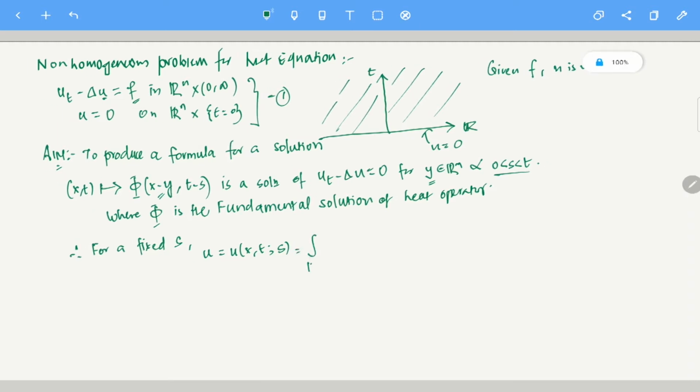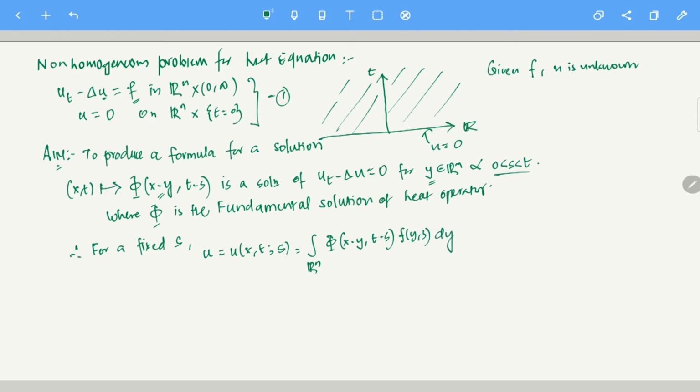This is given by the integral over Rn of phi(x minus y, t minus s) f(y,s) dy.